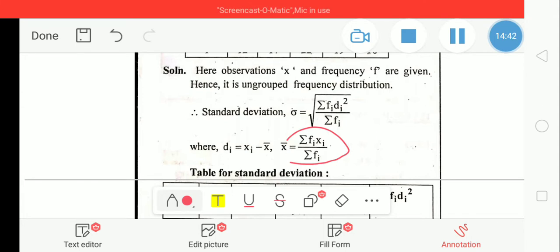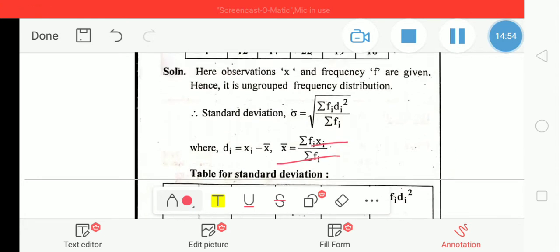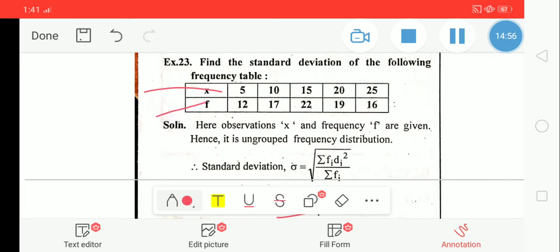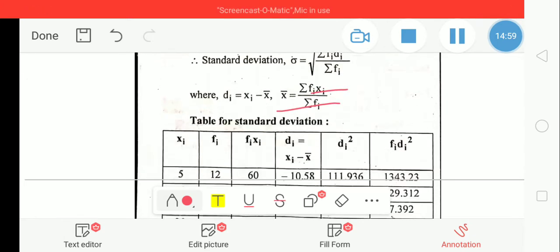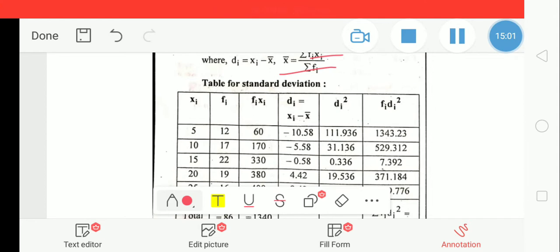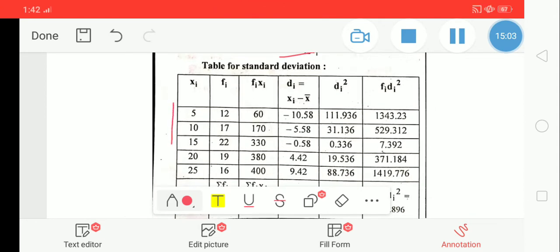So first we will find the mean, then di, then the standard deviation. So we first find fi xi for the mean x bar. Table for standard deviation: we write xi as 5, 10, 15, 20 and 25, and the frequencies 12, 17, 22, 19 and 16.